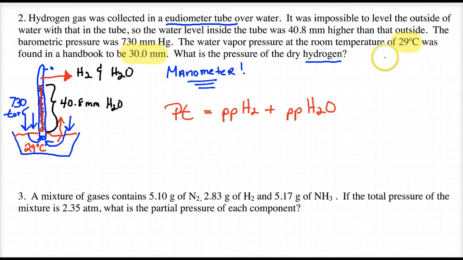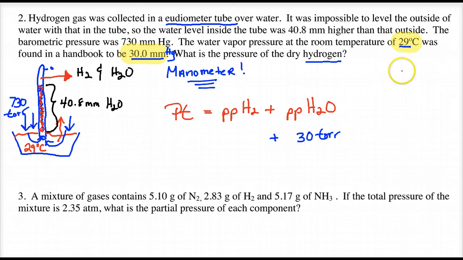The higher the temperature, the higher the amount of gas produced by water evaporating. So this is 30 millimeters of mercury. What we're saying is that the partial pressure is 30 torr.